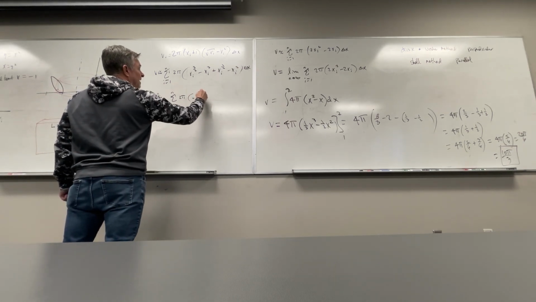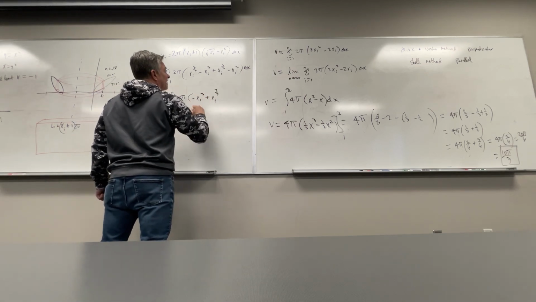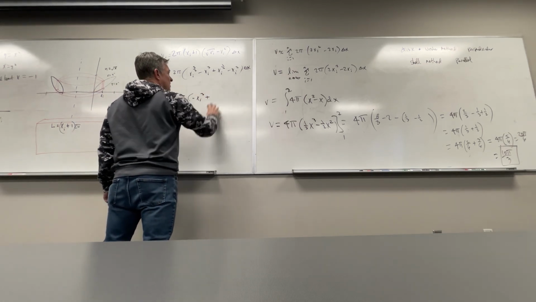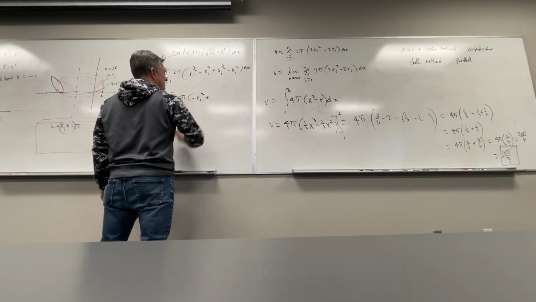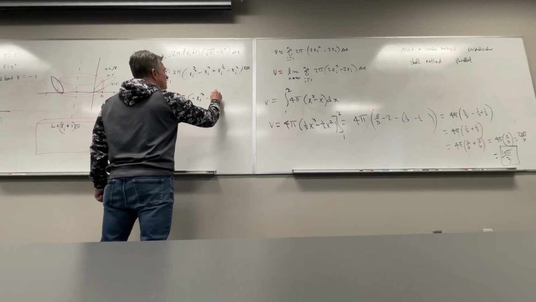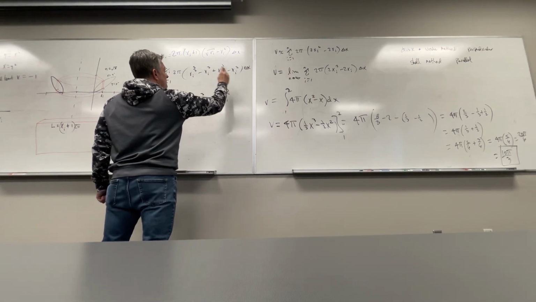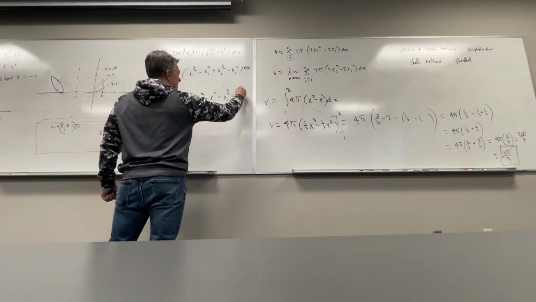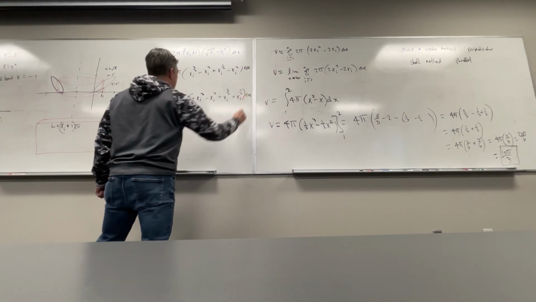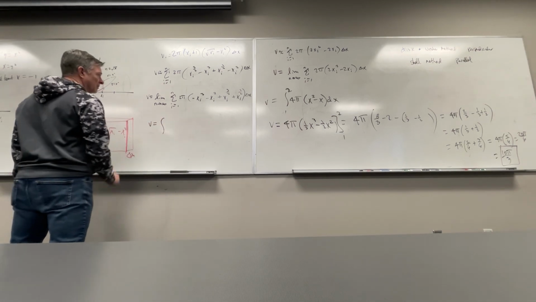Minus x sub I cubed, minus x sub I squared, plus x sub I to the 3/2 plus x sub I to the 1/2, delta x. Okay, good. Now we can make an integral.